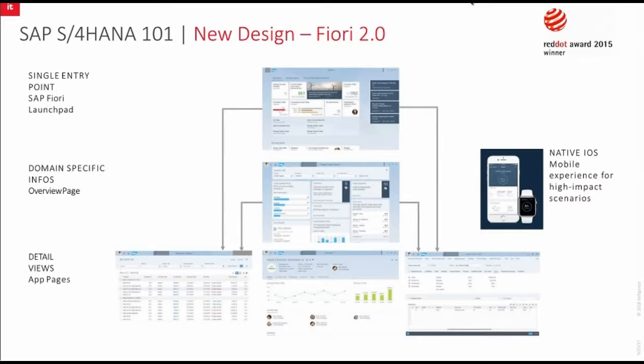You then have domain-specific overview pages, perhaps a procurement page, perhaps an account receivable page, perhaps a production planning page. And then from those we can drill down into further detail pages where we can see transactional capabilities or applications that deliver analytical insight, or a blending of those two. And of course, backed up by native experiences across the core popular mobile platforms.